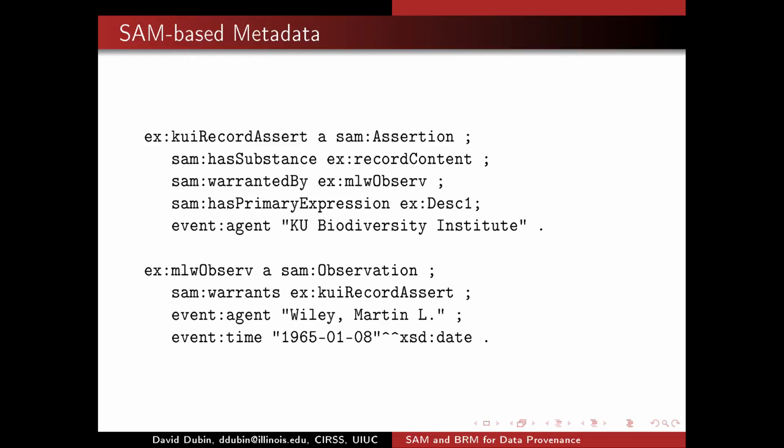And so this assertion, justified by the earlier observation event that took place in 1965, qualifies as a systematic assertion. The KU Biodiversity Institute staff were not present in 1965 when the specimen was examined, but they still justify their belief in the data with an appeal to the earlier observation by Martin Wiley.